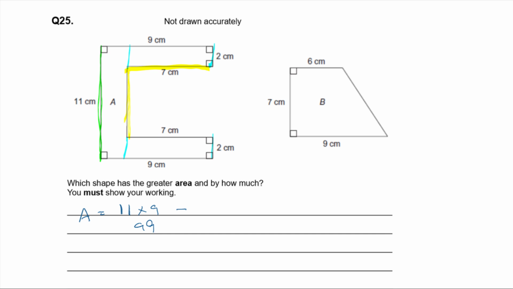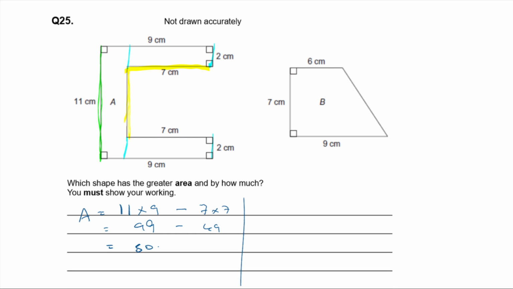That's 11 take away 4, which is 7. So that hole in the middle is actually a square. It's 7 times 7, which is 49. So the area of the L shape is 99 minus 49, which is equal to 50. So we're half done.